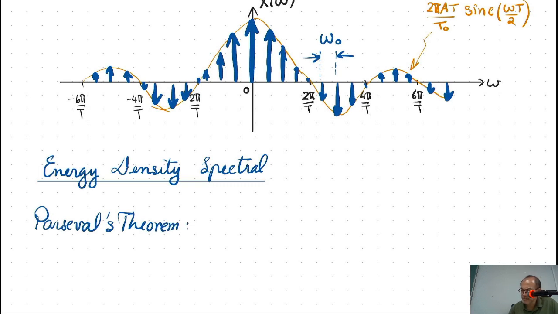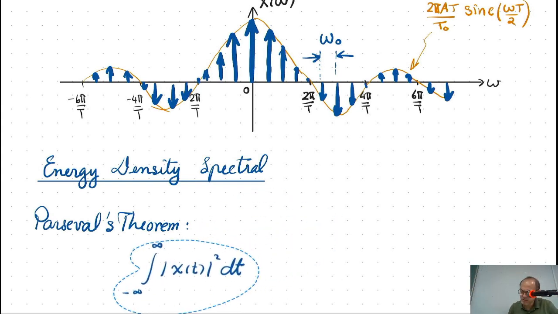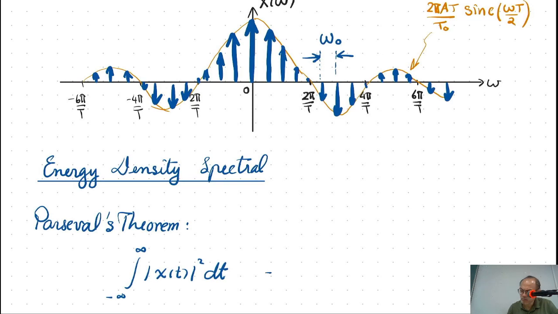Parseval theorem states that if you integrate the magnitude of the time signal squared with respect to time across all the time, the result would be the same as if you are integrating the frequency signal across all the frequency spectrum. But you have to square it first.